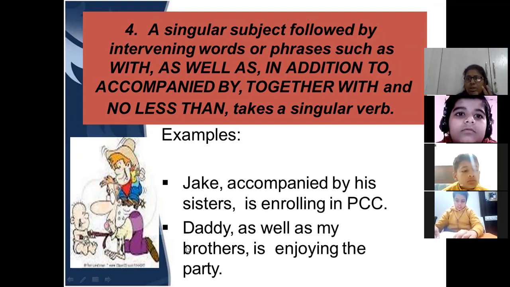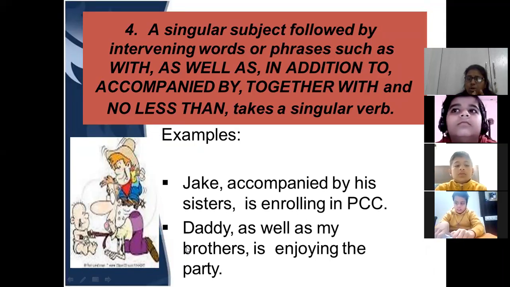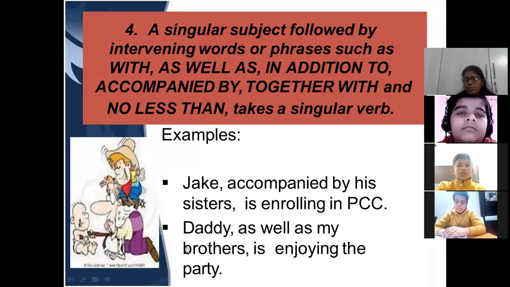One is Ashok and one is his brother. But if I say Ashok with his brother was here, it means I'm only talking about Ashok. I'm not talking about his brother. So this is the difference in how the verb agrees with the subject.